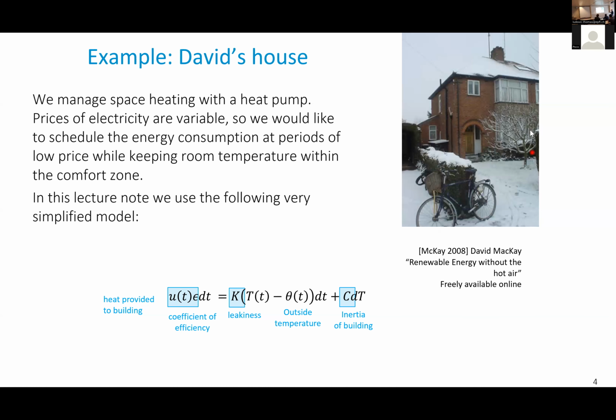So, for example, we will model in this course David's house, which is this one here, which can be modeled in this way. So it's heated by a heat pump. A heat pump has a coefficient of efficiency, which transforms the electricity into heat.